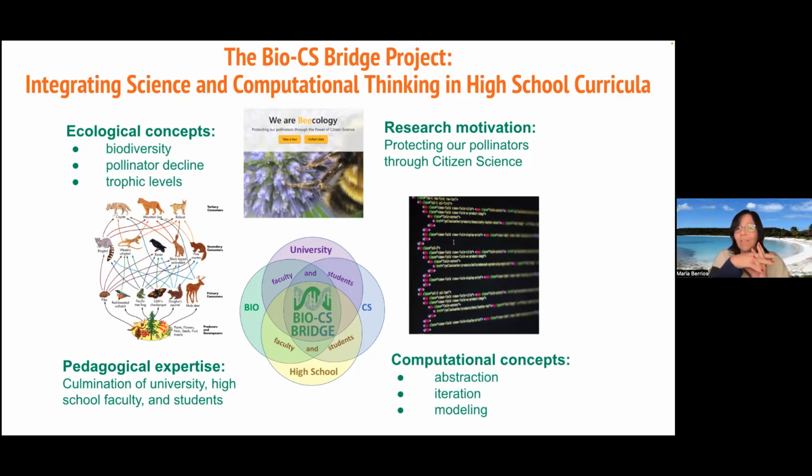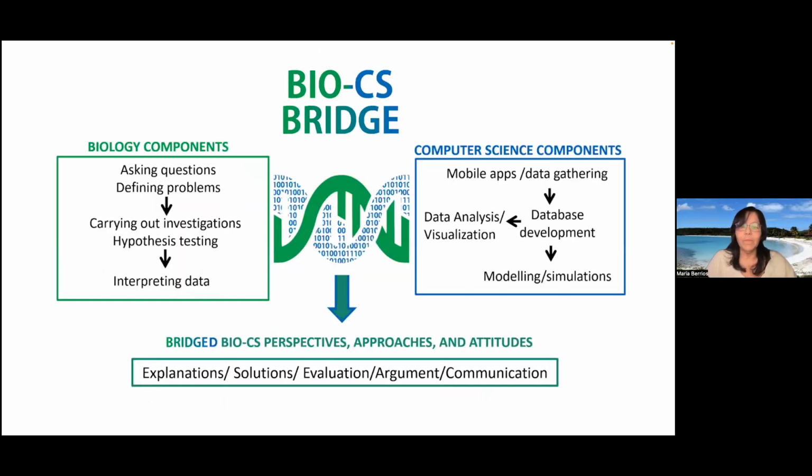They are different, but they are related, and they are definitely not an addition to your curriculum, but a complement to your curriculum. So here's kind of how they work together. A visual about the biology or ecology components as well as the computer science components.